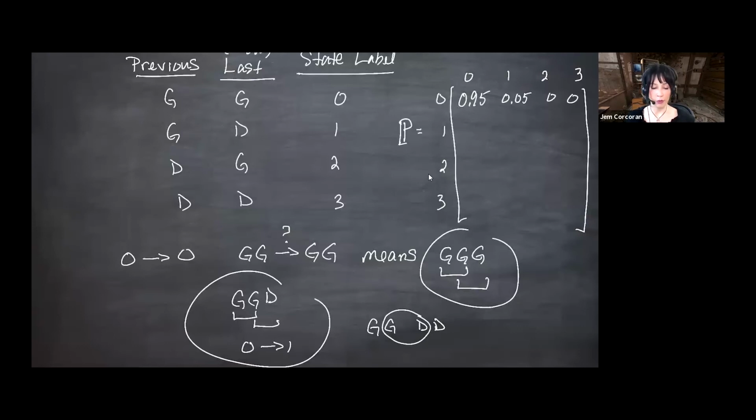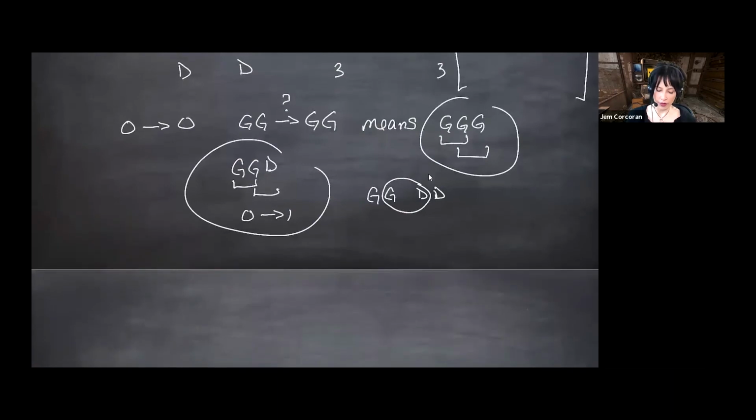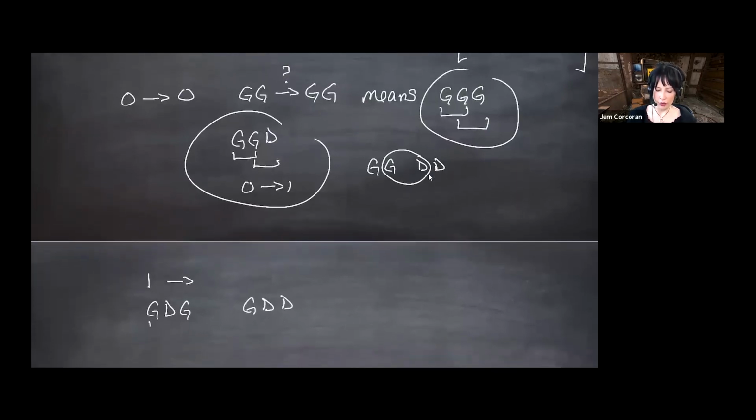Let me do one more and then I'll fill it out for you in the interest of time. Starting at state 1, I'm trying to go for this one row of the matrix. State 1 is good and then defective. Starting from 1, I can go from good, defective to defective, good, which is state 2, and I can go from good, defective to defective, defective, which is state 3.